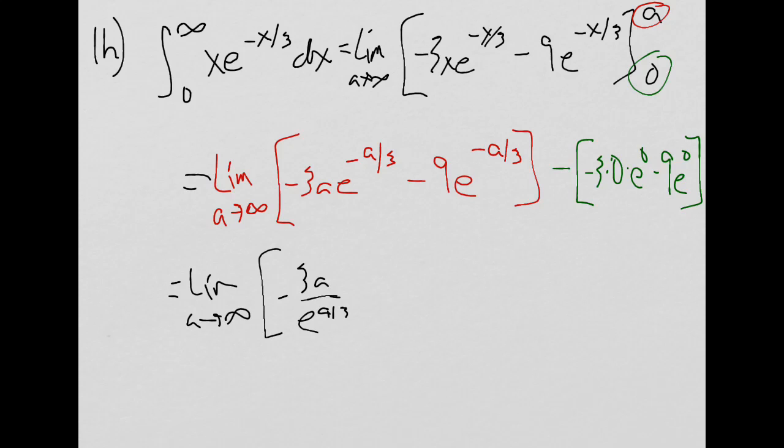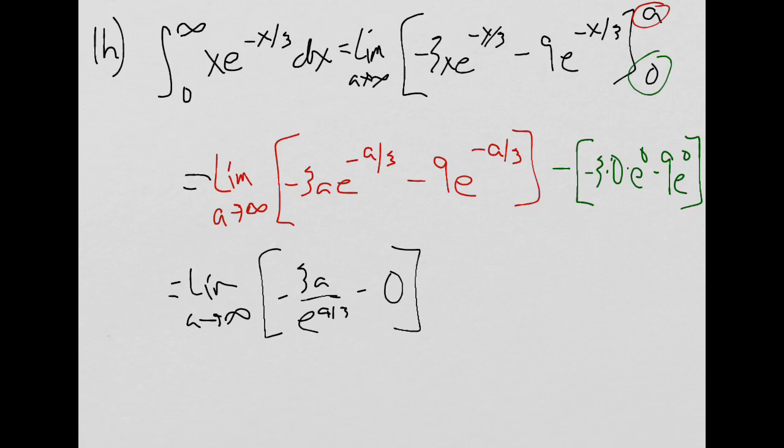And then I get minus, so at this point I am going to evaluate this term by looking at the limit of that thing as a goes to infinity. So as a goes to infinity, I get e to the negative infinity, and I don't have to use any calculus, that's an exponential decay problem, so that thing is going to have an asymptote of 0. So this thing's going to go to 0. So I can write minus 0 for that from a calculus perspective.